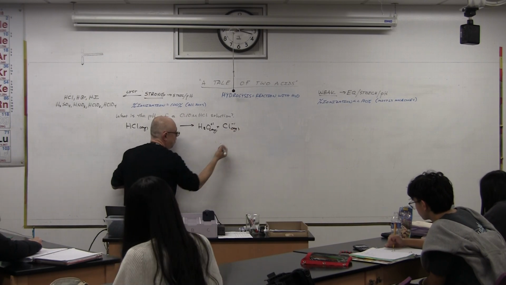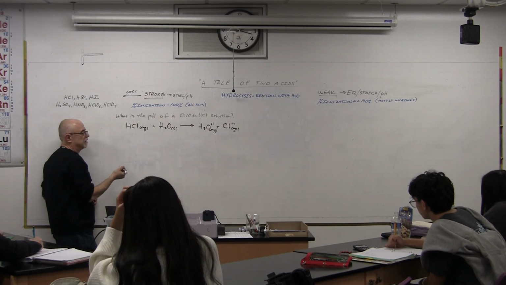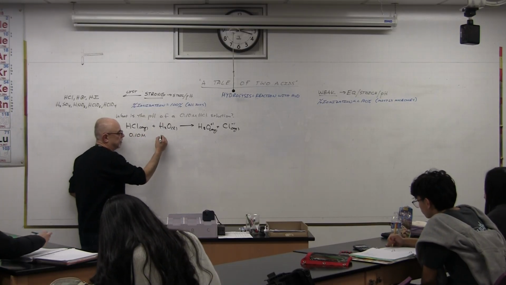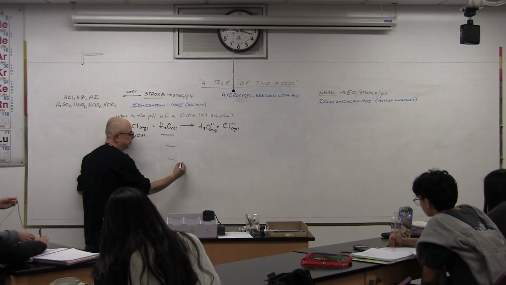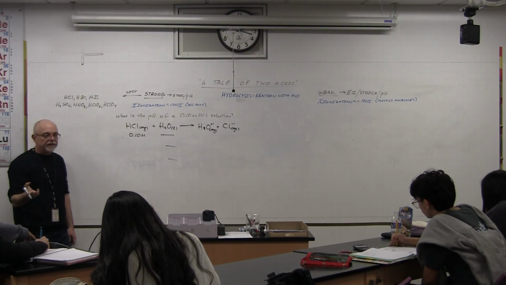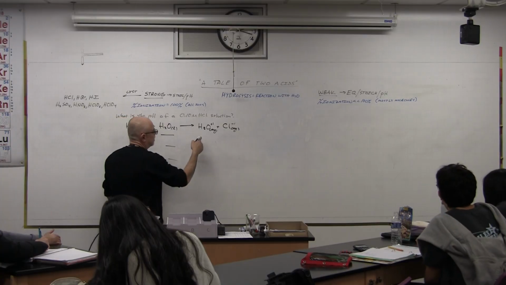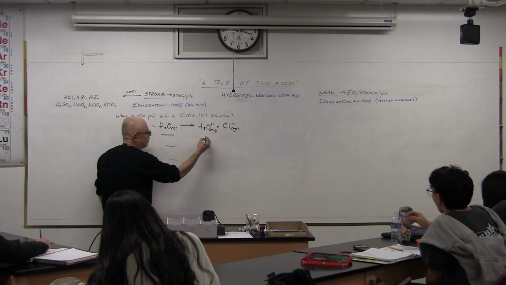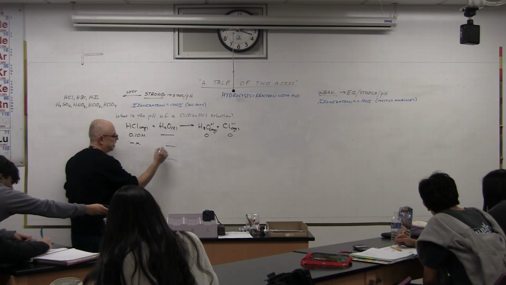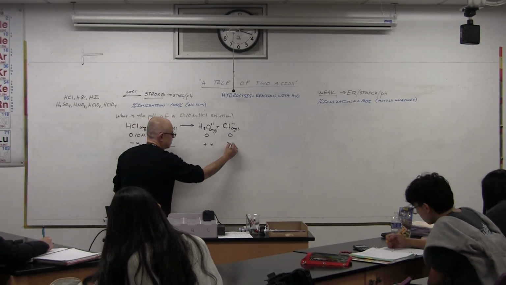So what we know is that we're starting with 0.1 molar of this one. The liquid water amount is going to be effectively constant because it's so much more than everything else in the system, so we don't have to worry about that. We're starting with effectively 0 of each of these. So we're going to lose X here and gain X here and here.